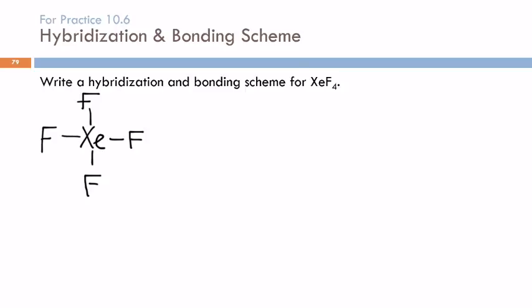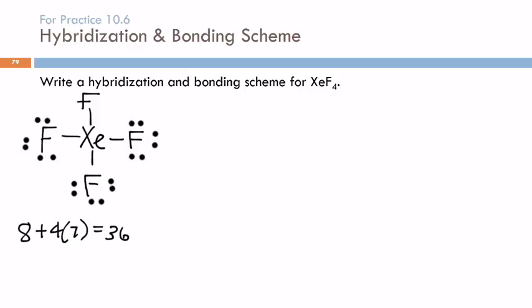So how many valence electrons are in this molecule? 36, yeah. There's 8 from the xenon. There's 4 fluorines, they each have 7. And so that adds up to 36. So I've already got 2, 4, 6, 8, 10, 12, 14, 16, 18, 20, 22, 24, 26, 28, 30, 32.